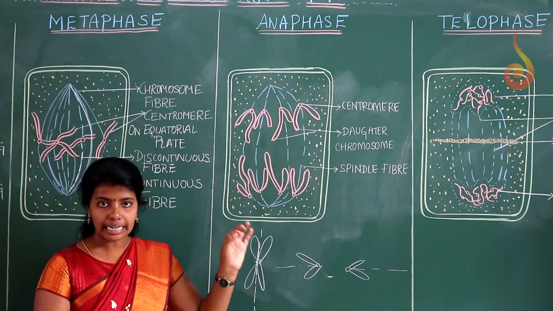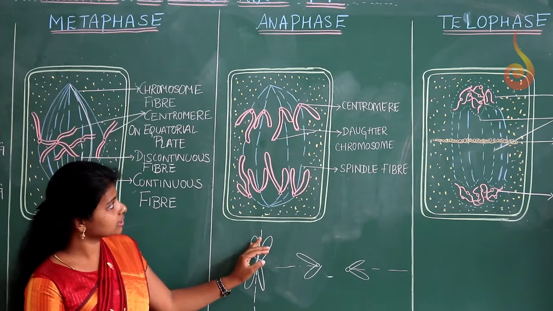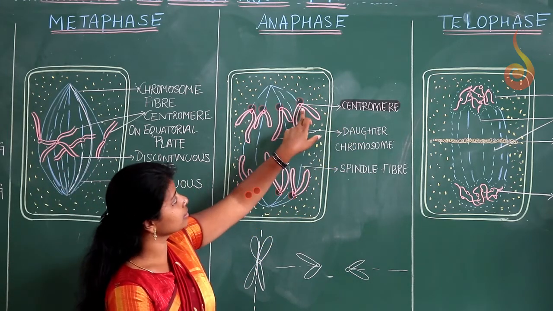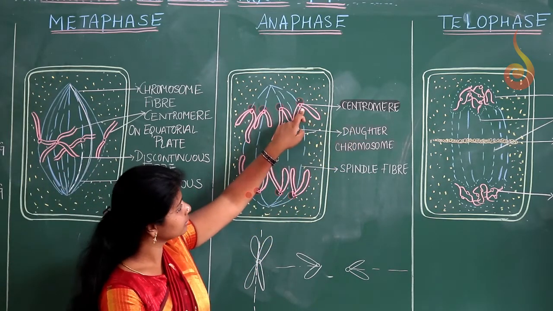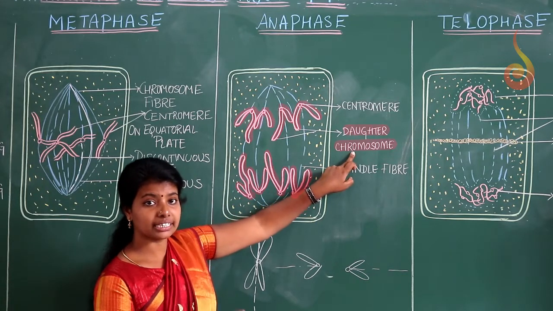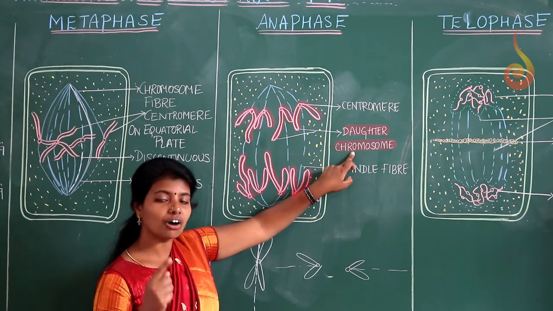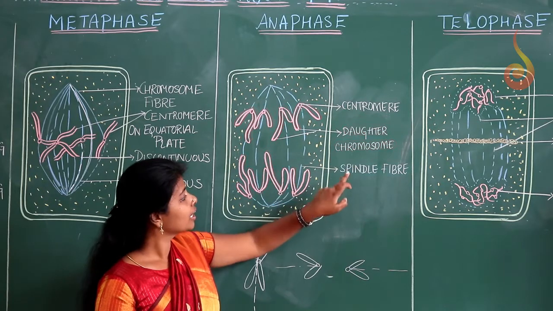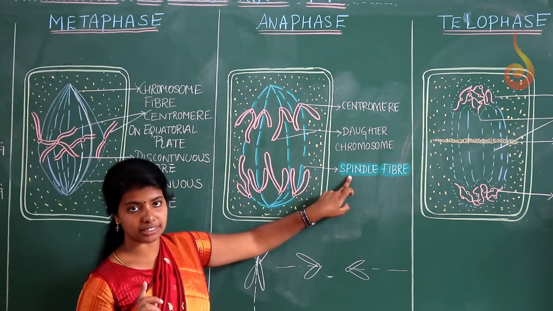And the relevant labelings for this stage are centromere, that is separated. Now we call it daughter chromosome or daughter chromatids, and then spindle fibers.